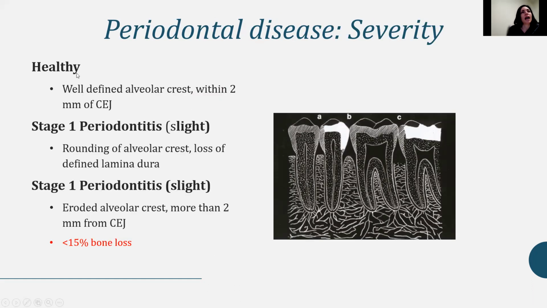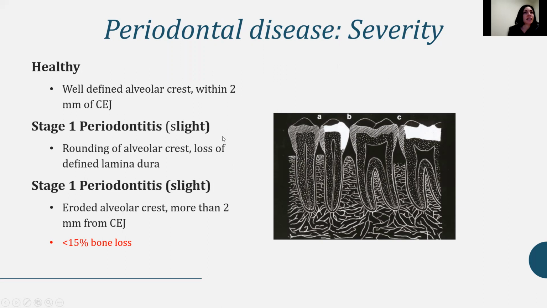So, just to recap, in a healthy person, there's a well-defined alveolar crest, and the bone level is within 2 millimeters of the CEJ.